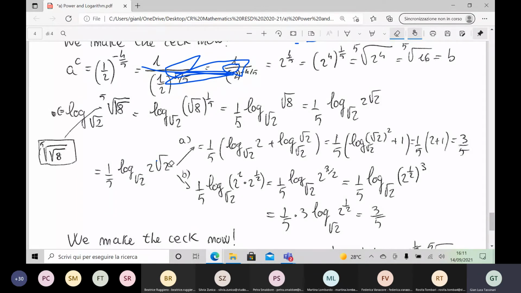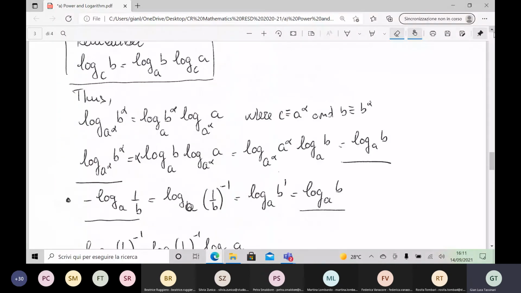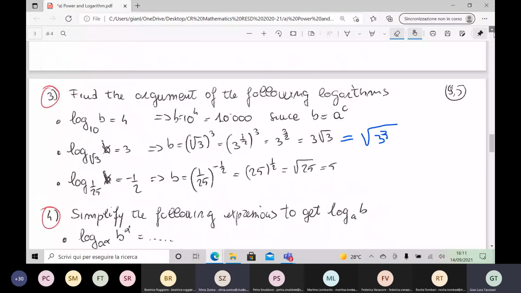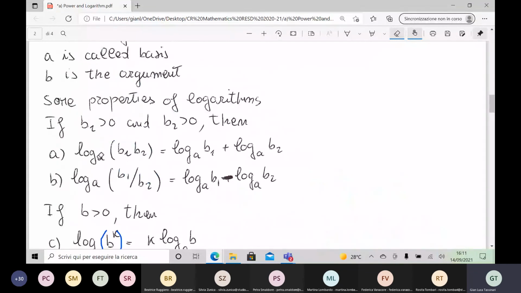But if you go back, the logarithm of a product, where I wrote it, is the property I want to apply, because we have something like logarithm with basis square root of 2 of 2 which is b1 times square root of 2 which is b2. So it's the logarithm with basis square root of 2 of b1, which is 2, plus logarithm with basis square root of 2 of b2, which is square root of 2. So go below with me and we will see. We apply this property now.